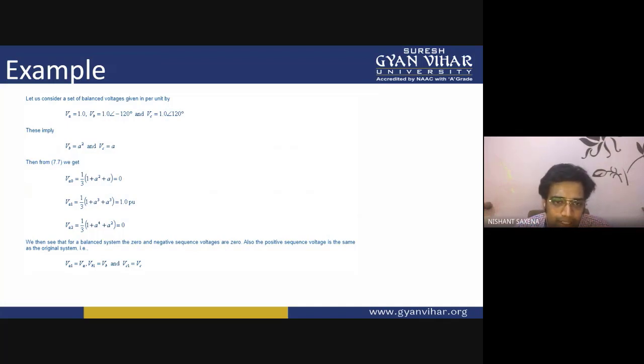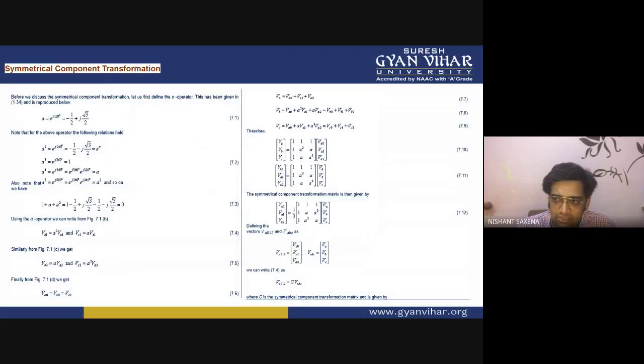Now, the original phasors can be redrawn if we have knowledge of the symmetrical components. They can be calculated using this formula, that is VABC is equal to C inverse VA012.